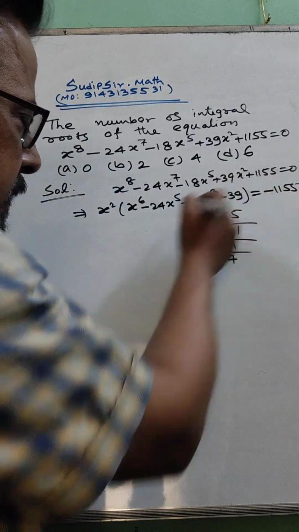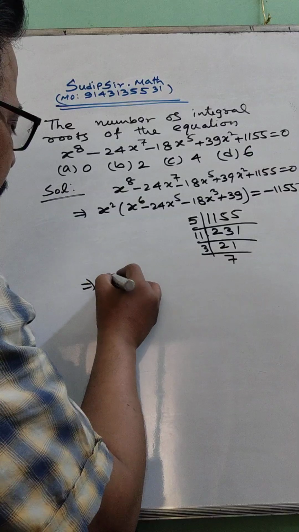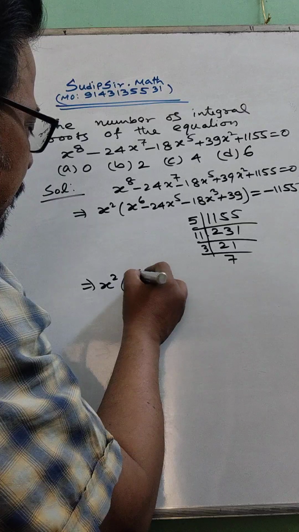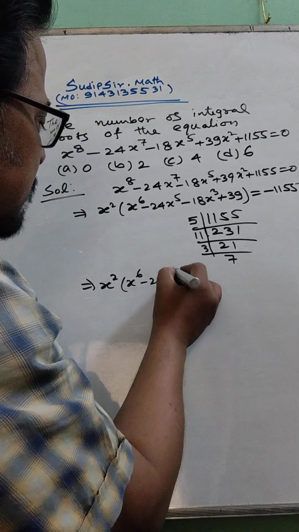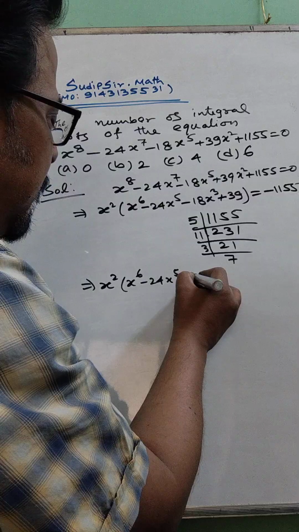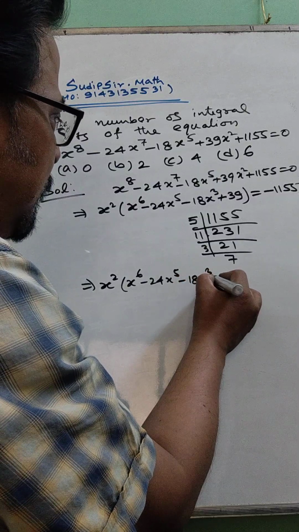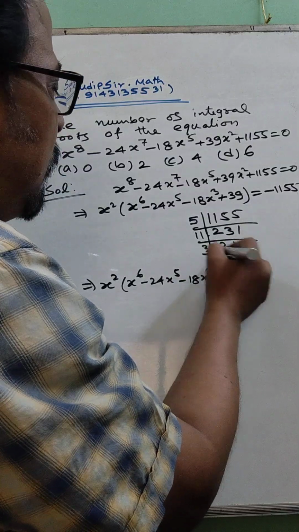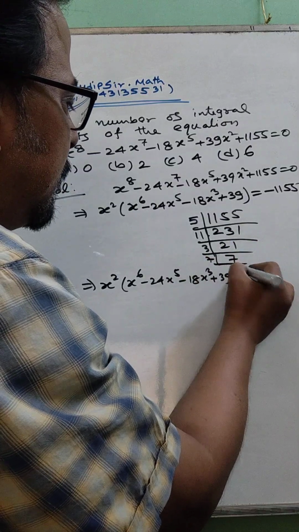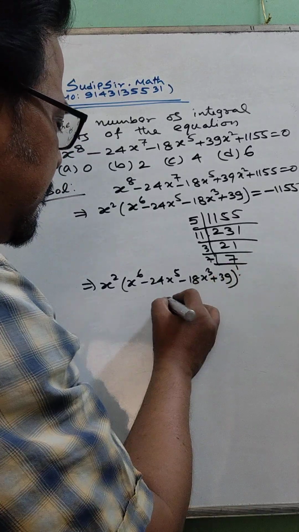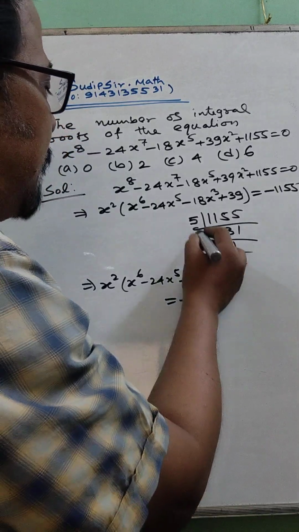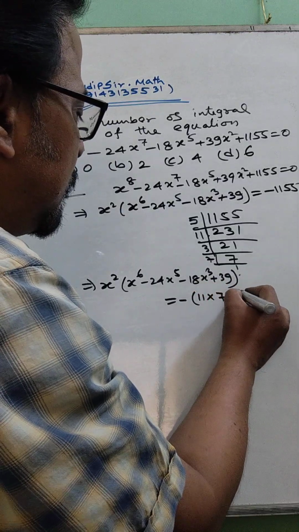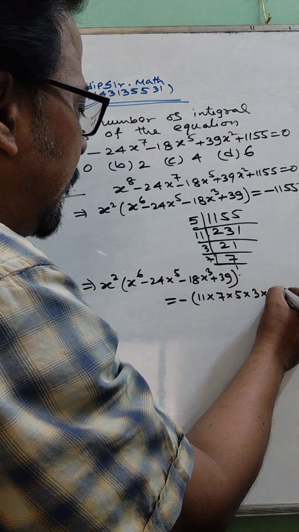So this can be written as x square times the bracket x to the power 6 minus 24 x to the power 5 minus 18 x cube plus 39 equal to minus, and 1 is also there, 11 into 7 into 5 into 3 into 1.